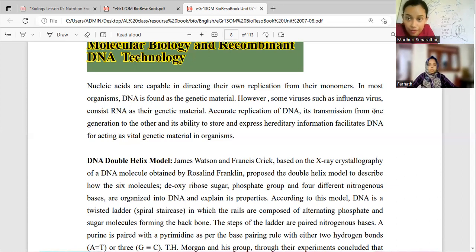Then the ability to store genetic information. Last one is express hereditary information.